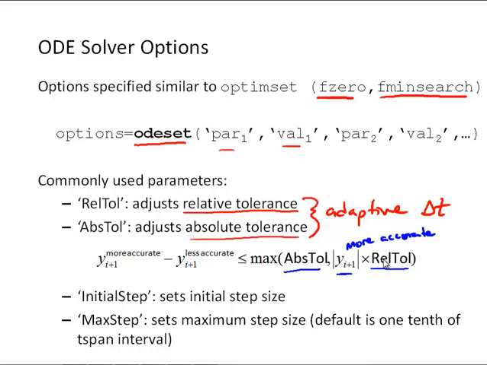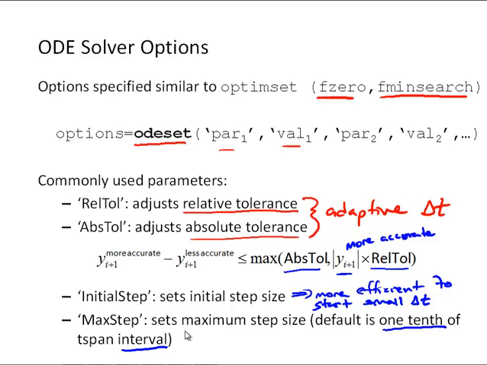Some other options that are commonly used are the initial time step, and you can use the initial time step to start with a smaller step size perhaps. If you know that it's going to get to a small step size, this can be a little bit more efficient to start with a small delta t if you know you're going to end up there anyways, or the maximum step size, which is a default to 1/10 of t-span, of the interval in t-span, if you give t-span an interval.